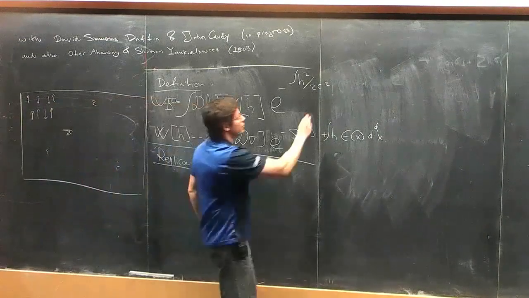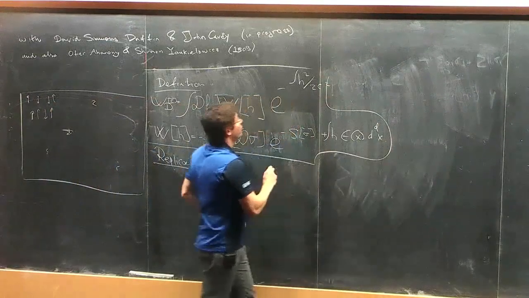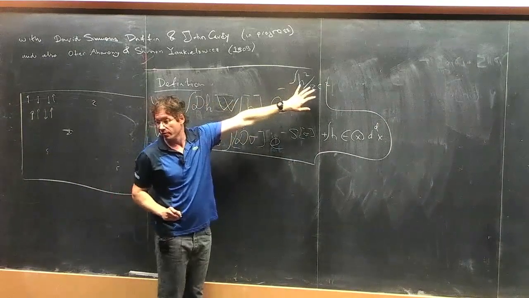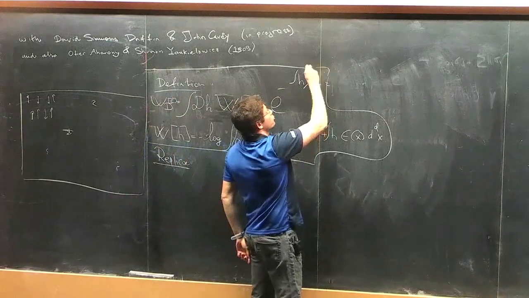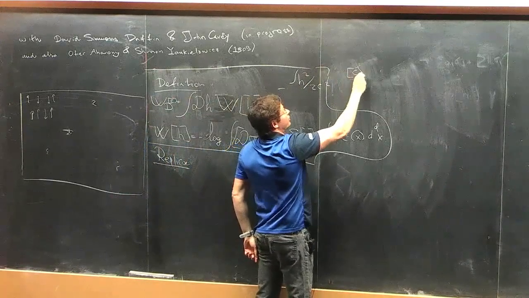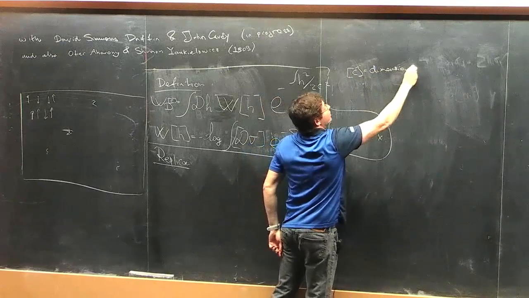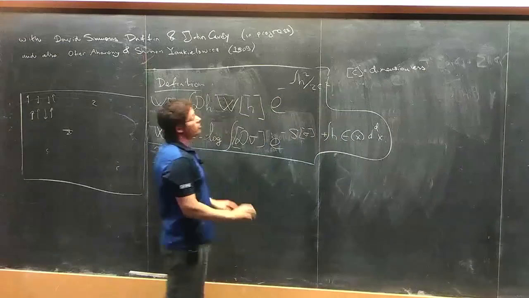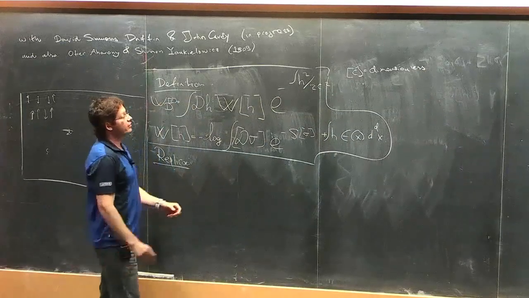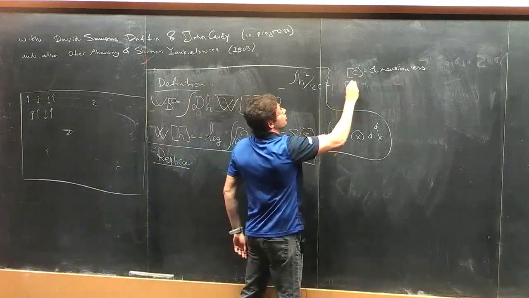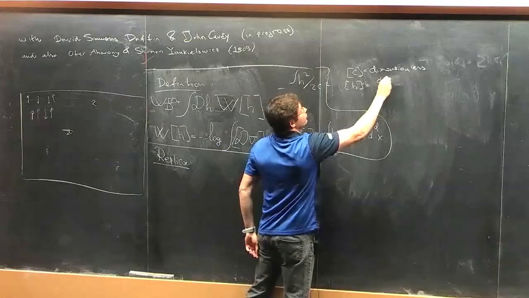So let's do some dimensional analysis. Looking at that term, we can choose C to be dimensionless. It doesn't matter how you do this kind of dimensional analysis, but let's just choose C to be dimensionless. In that case, H carries dimension D over 2.